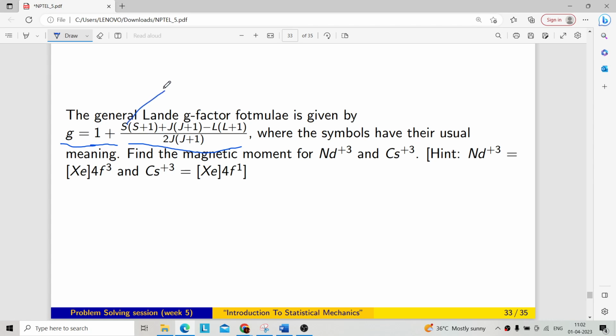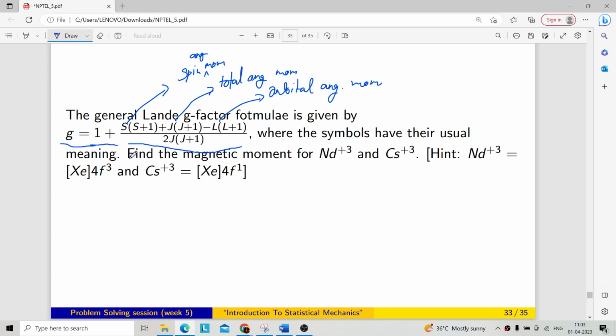Here S is the total spin of the system, J is the total angular momentum, L is the orbital angular momentum, and S is the spin angular momentum.